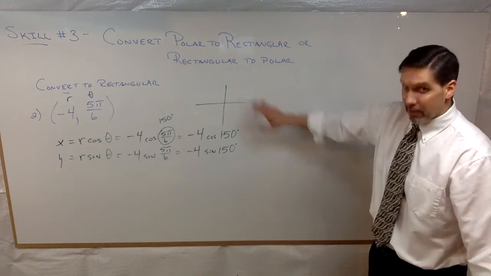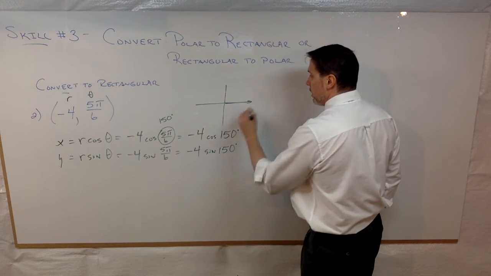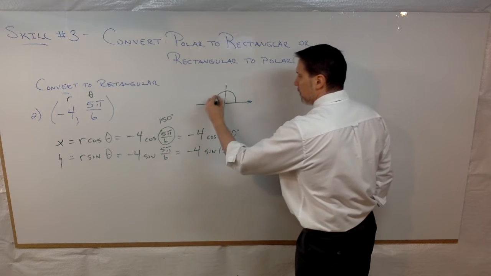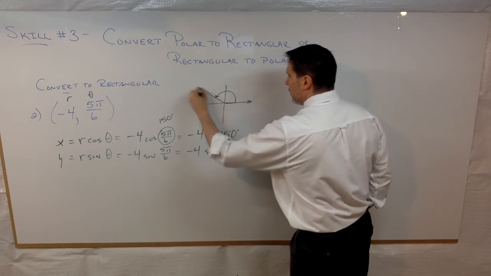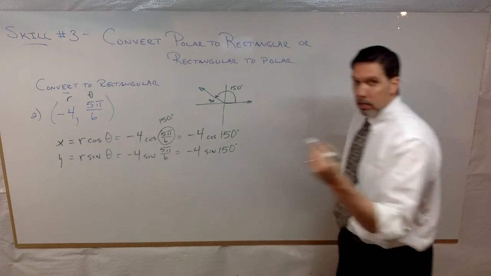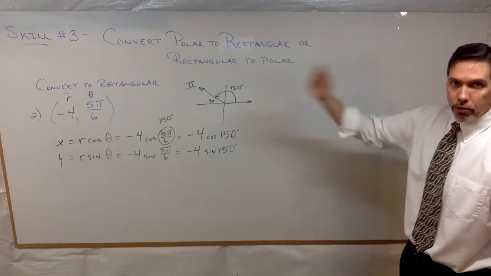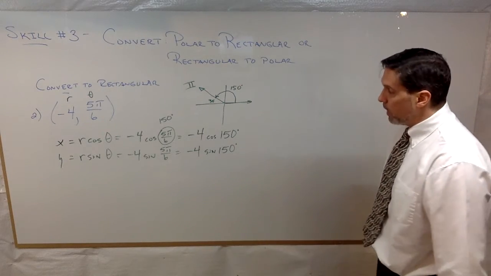I'm not drawing the polar plane. This is an angle in standard position. 150 degrees. Here's my initial side. Counterclockwise 150 gives me a reference angle of 30 degrees in quadrant 2. Super important: both the reference angle and the quadrant you're located in.